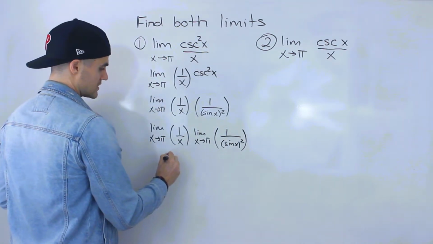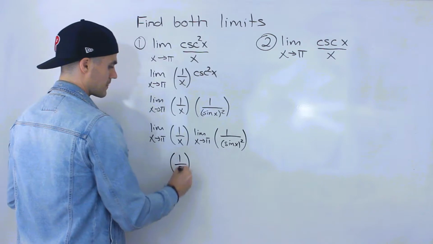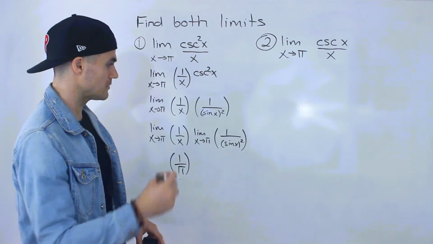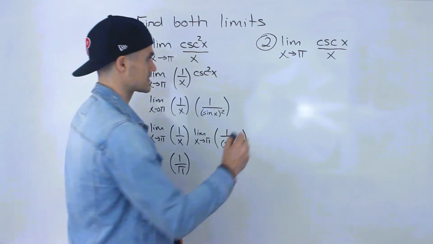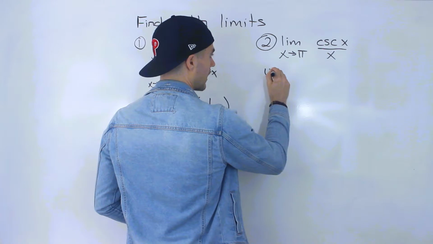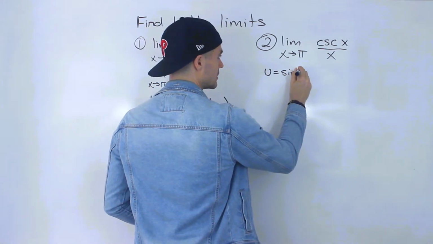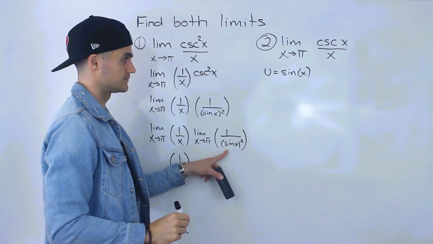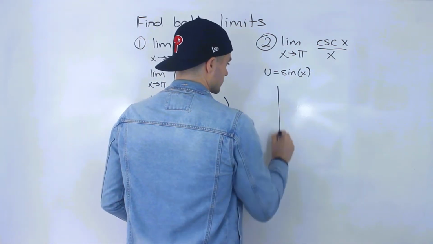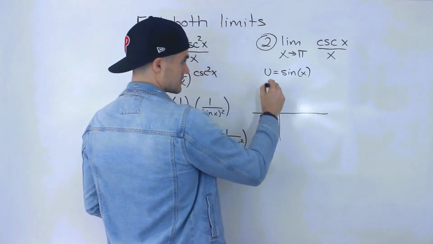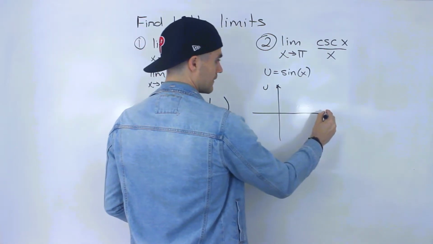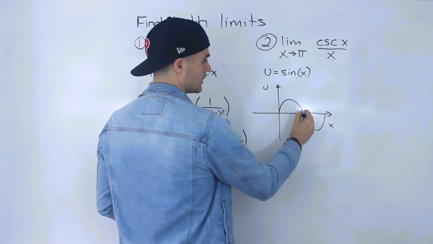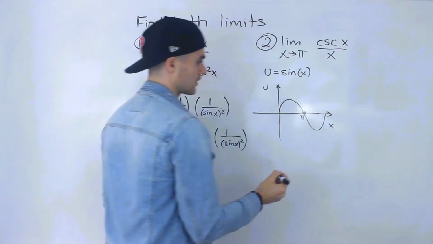Over here, this value is equal to 1 over pi. But this value we're going to have to do a little more work on. Like before, I'm going to make a substitution: let u equal sine x. If this is u and this is x, sine x looks like this if we draw one period, and the pi value is over here.